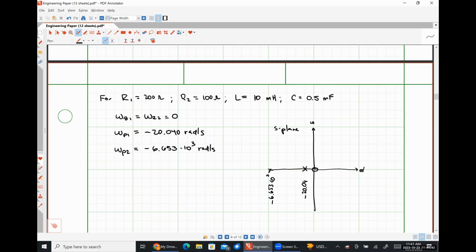What happens if we have poles on the axis? So let's say that we had, let me do this in a different color, a pole here. Let's just call this at 0 plus J10, and down here at 0 minus J10, because we know these should come in complex conjugate pairs.